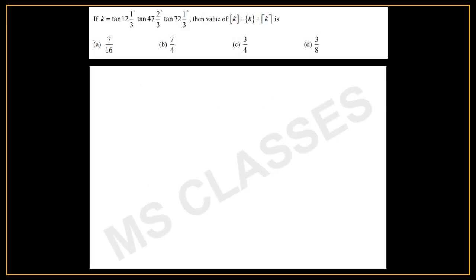It is given k equal to tan 12 and 1 by 3 degree into tan 47 and 2 by 3 degree into tan 72 and 1 by 3 degree.